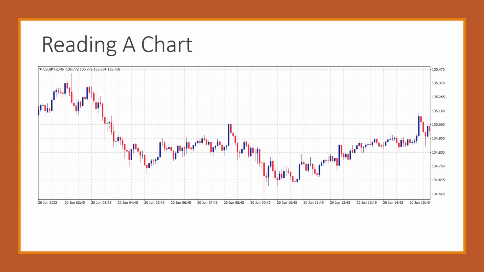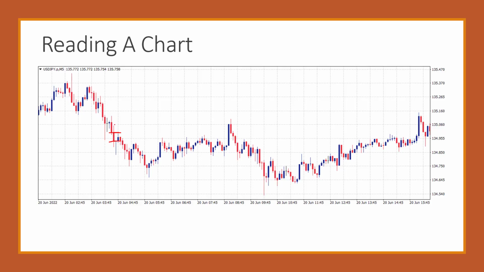In our case, we're looking at what we call a bearish candle, because the price moved down. If the price moved up, then it's a bullish candle. Because we're looking at a bearish one, this top part right there is where we opened, and the bottom is where we closed. So in that 5-minute time frame, the price moved from here to here.